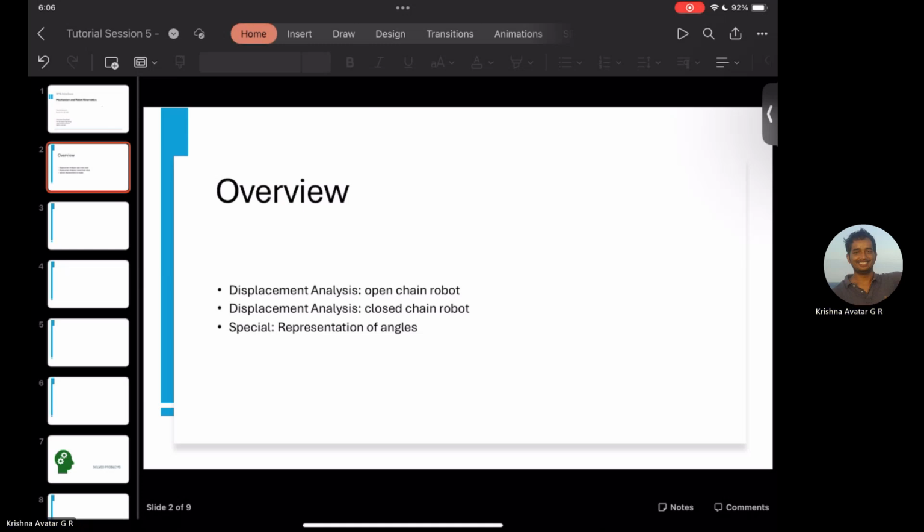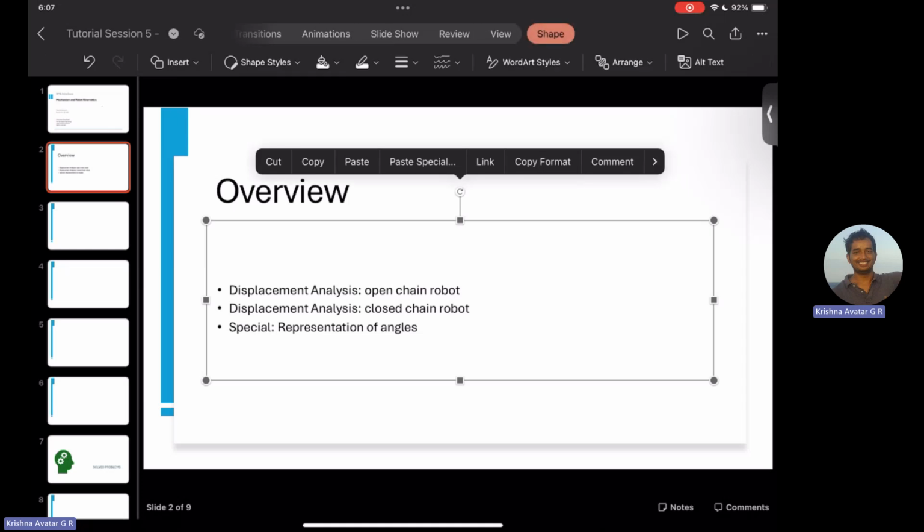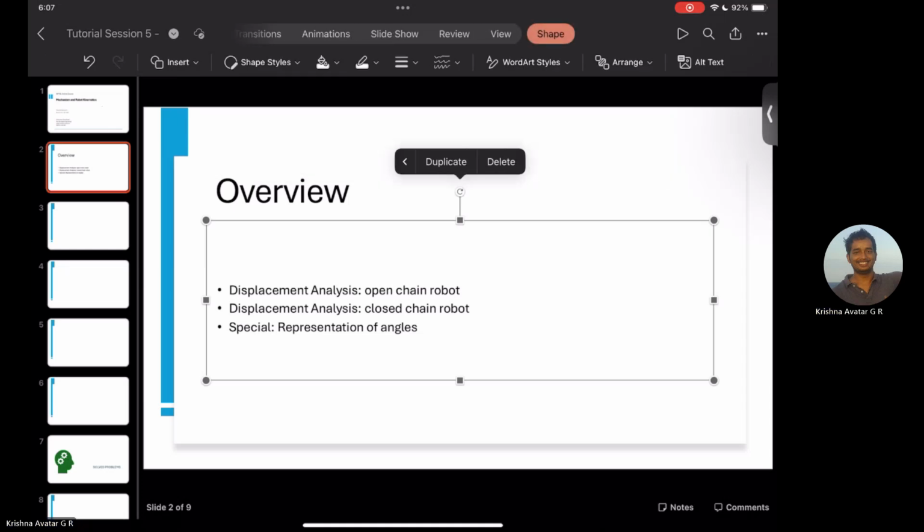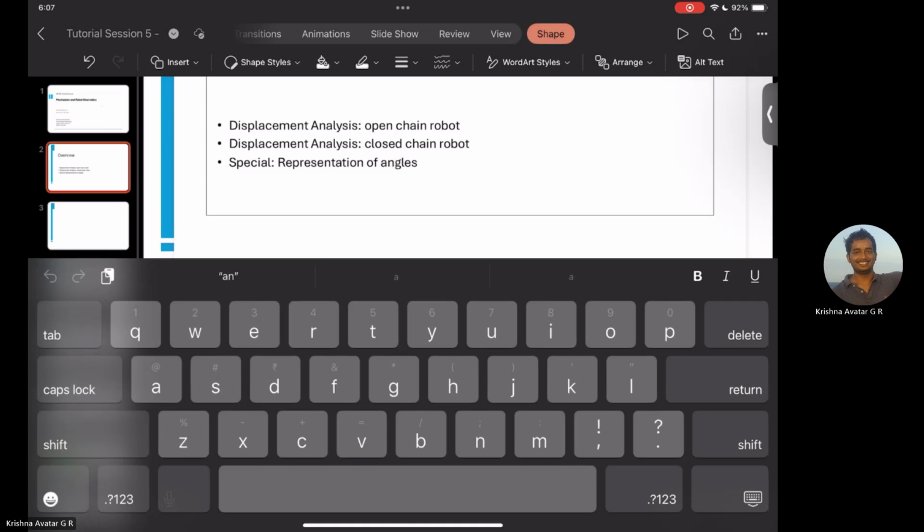And then today I would like to start one special session on representation of angles, which is a very crucial thing. We can call it representation of attitude.